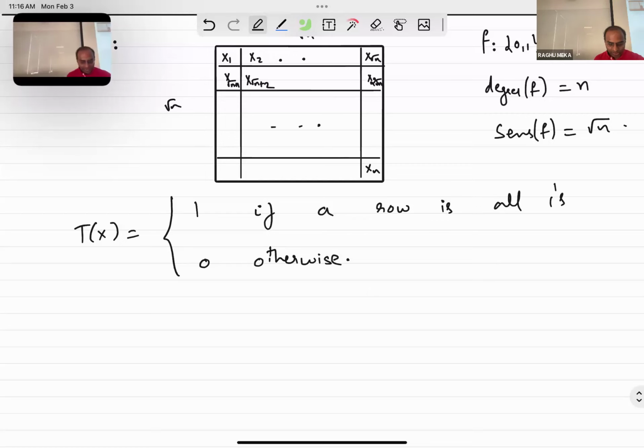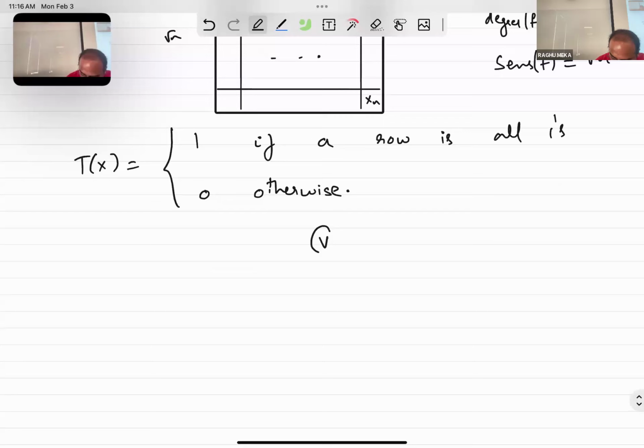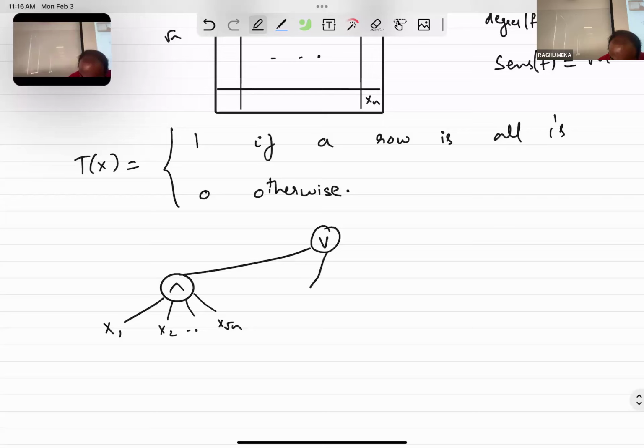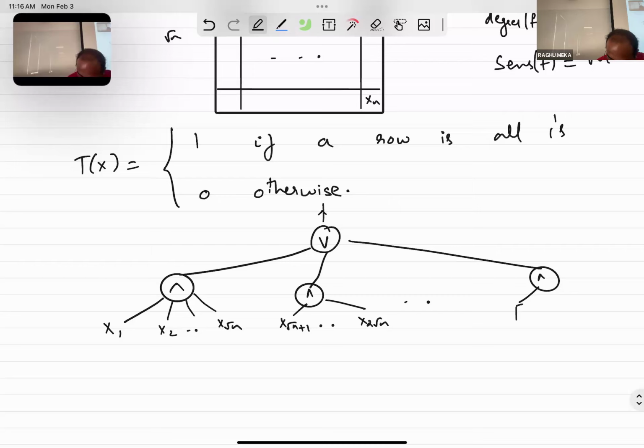Okay. So, you can also think of it as just saying I have a giant OR here, and then I have ANDs. Right? So either the first row is all ones, or the second row is all ones, or the third row is all ones, and so on. Okay.